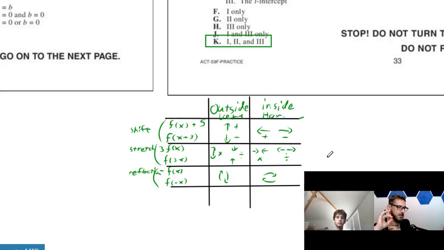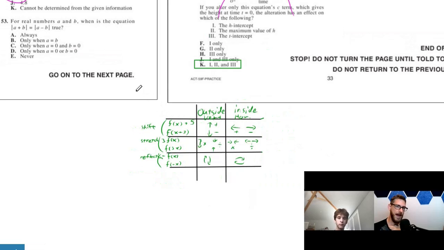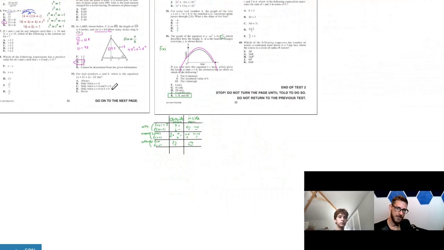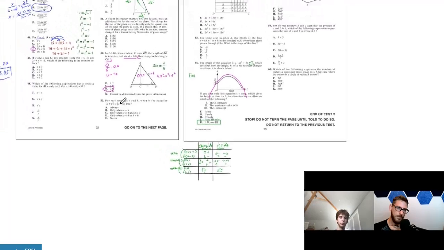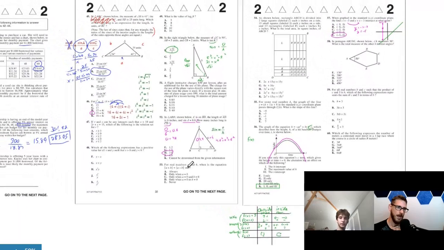Sine, cosine, secant, cosecant, tangent, cotangent. The first 4 of those all have a period of 2 pi, and then tangent and cotangent have a period of pi. If you know that, then you can use transformations to get the rest of the way to find any periods you might need to know. Okay. So that definitely could come up on an ACT question as well. Yeah, I remember we did a problem on that, I think. Yeah, on a different test.